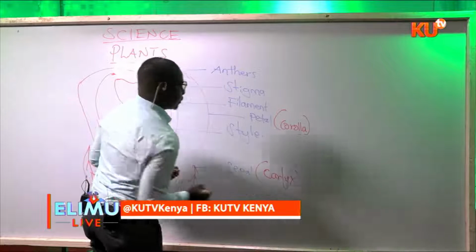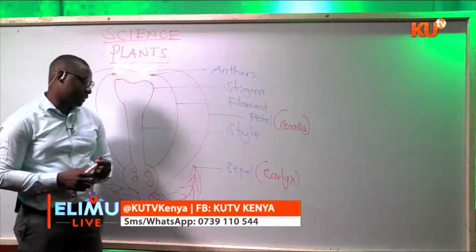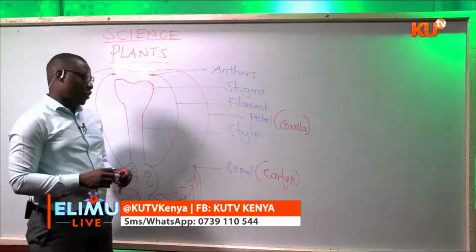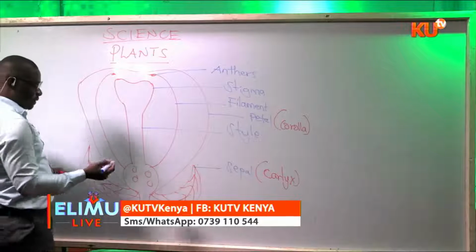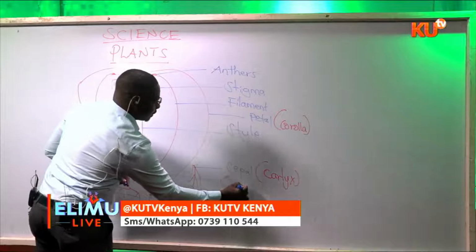The sepals collectively can be called calyx, or if you are likely to be asked by an examiner, for example, what is the other name of the sepal? That is the calyx. We have this part called the ovary.